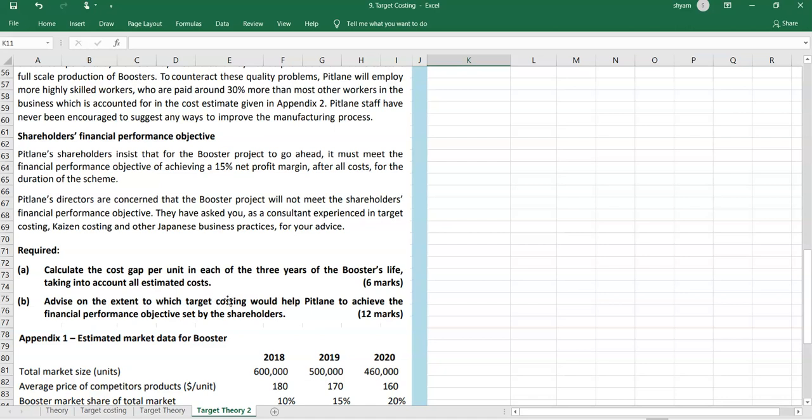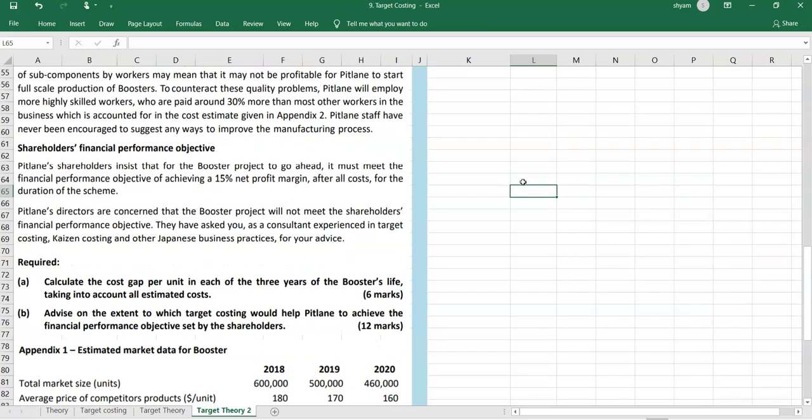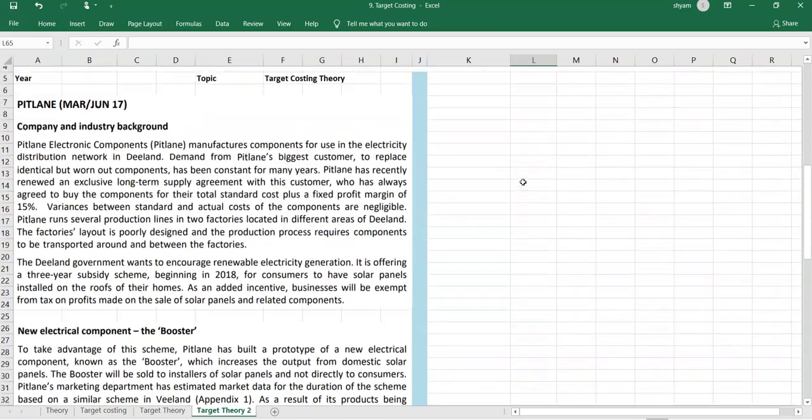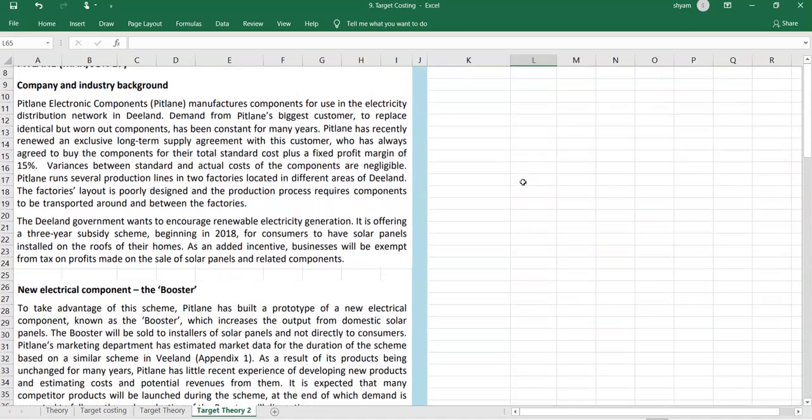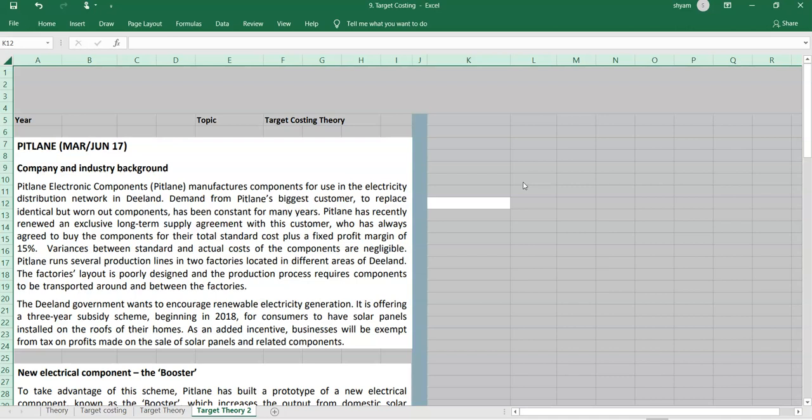Then advise on the extent to which target costing would help Pitlane to achieve the financial performance objective set by the shareholders. So there are two concepts here. One is a calculation, and the other is how target costing will help the company.